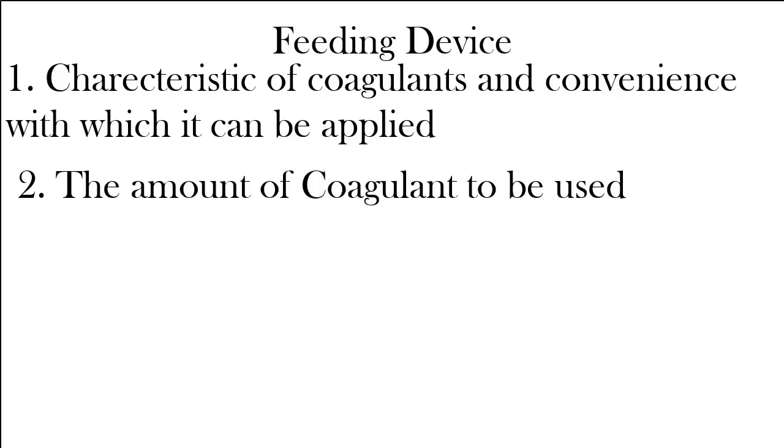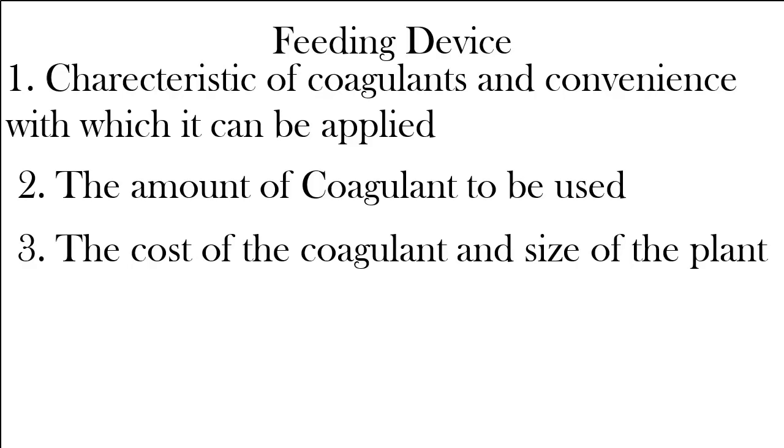And the third property is the cost of the coagulant and the size of the plant. First I would like to tell you that between dry feeding and wet feeding, wet feeding is somewhat more accurate and gives good results, but it is also very costly.